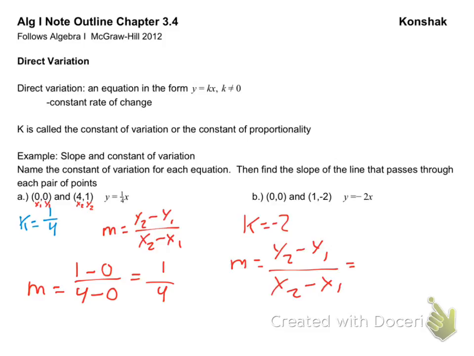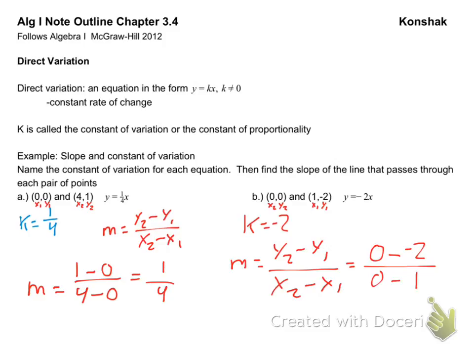Hey guys, I'm going to be fun. I'm going to say this is x1, y1, and I'm going to put 0, 0 as x2, y2. Is that what everybody else did? Probably not. But what's y2, according to mine? 0. Minus y1? 0 minus -2 over 0, which is x2, minus 1.